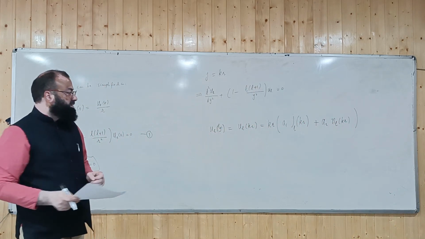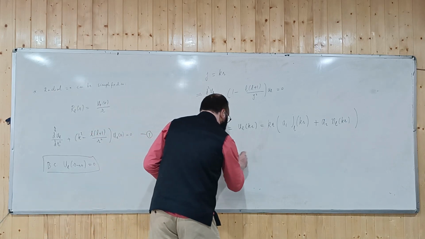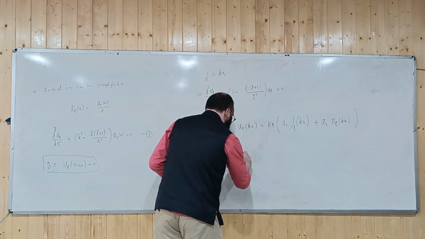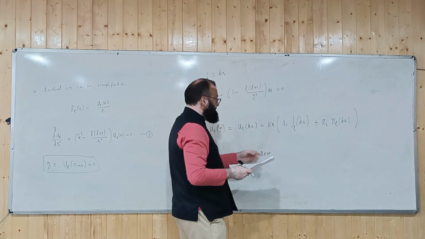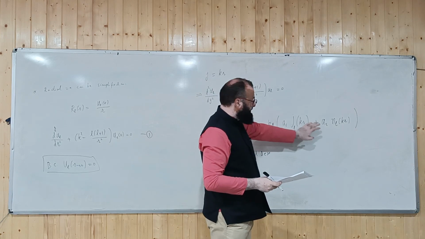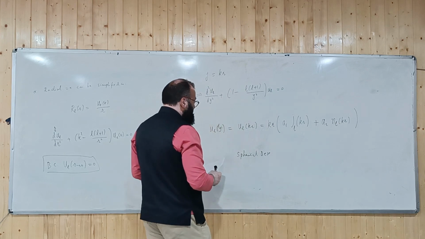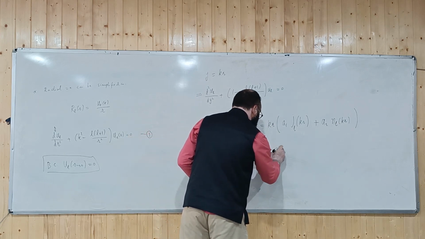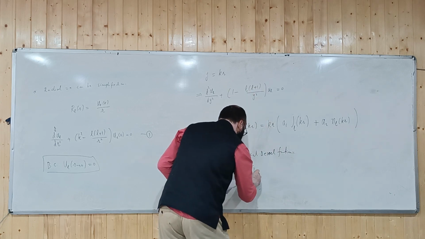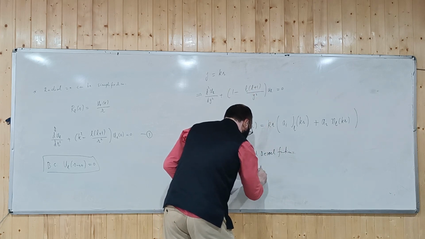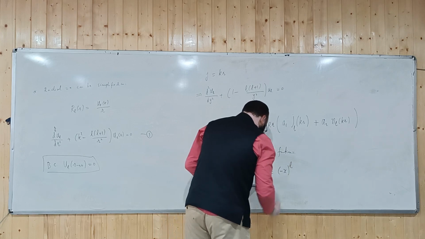Clear? Okay. So now let me write the form of these Bessel functions. These are spherical. We call this the spherical Bessel function of the first kind, and this is the second kind, known as the Hankel function. So this j_l(x) is defined like this: (-x)^l (1/x d/dx)^l sin x / x.